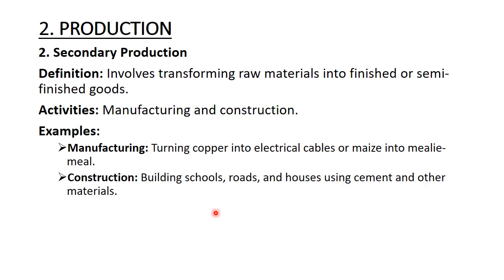In construction, building schools, roads, and houses using cement and other materials. Cement and other materials like soil are gotten from primary production. Houses, which are gotten from the cement and the soil, are the products of secondary production.